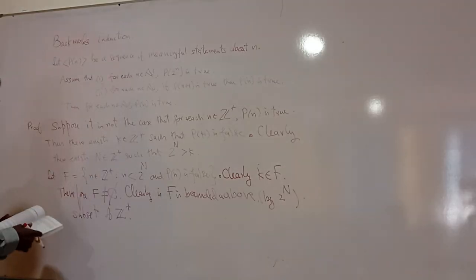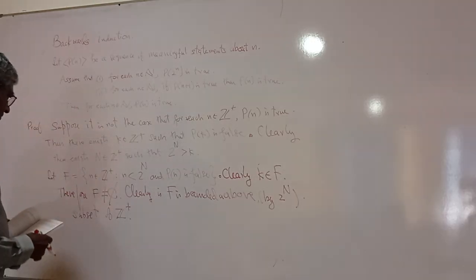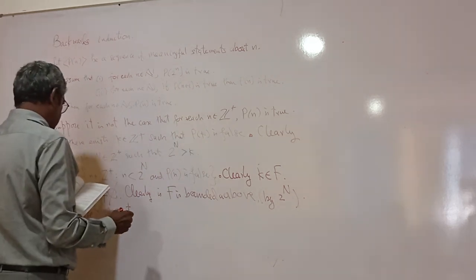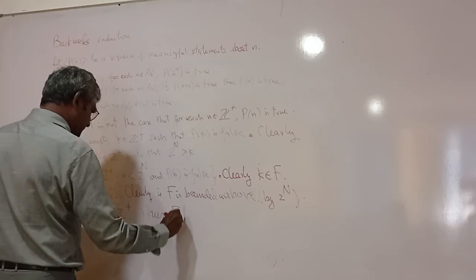So it has a maximum. I will prove it later. Just now we can assume that it has a maximum and it's no big deal. Thus, capital F has a maximum.